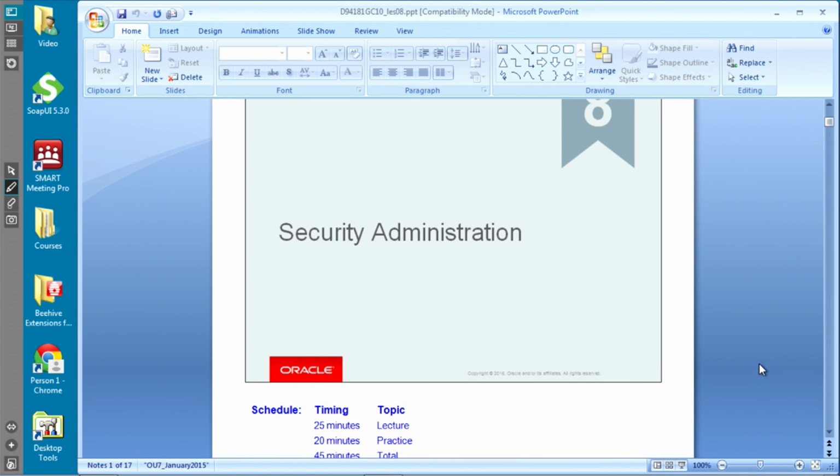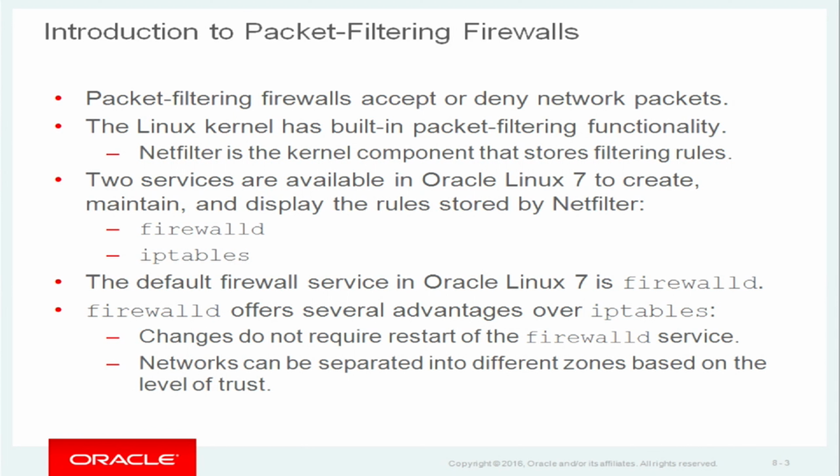Another feature of firewalld is that the networks can be separated into different zones based on the level of trust. Once again, that capability was not really in IP tables. Okay, just really wasn't. So, those are two things that are important.